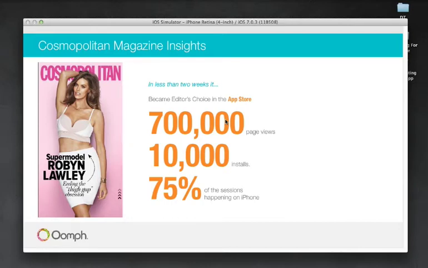It was in the editor's choice on the App Store, 10,000 installs, and I guess the most relevant figure in this case is 75% of the sessions are happening on iPhone. So for this demographic, their users are consuming most of the time on the iPhone, so it's been extremely successful for them, and we've made it happen through the Oomph platform on iPhone.